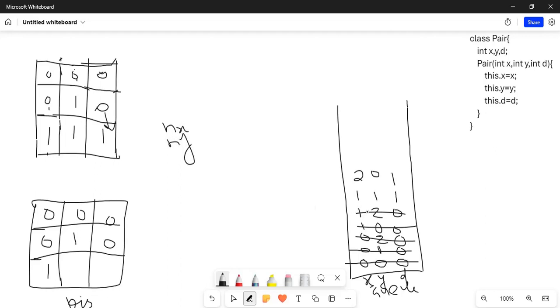The new x will be x plus 1, the row will be increased by 1 going below, so the new x will be 2, and y, the column, will be the same, 2. And the answer will be d plus 1. D is 0, so the answer will be 0 plus 1, that means 1. So the value will be 1, and also we need to put row 2, column 2 and d 1.